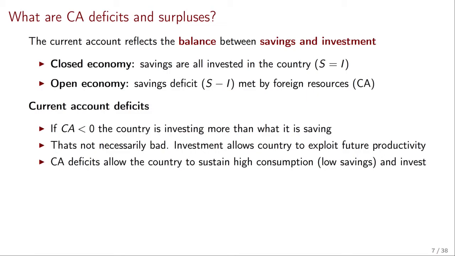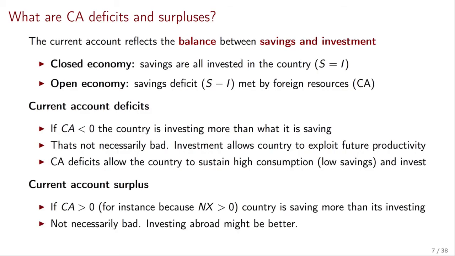And that's not necessarily a bad thing. Investment will allow the country to exploit future productivity and grow more. So in principle, we might want countries to be able to invest beyond what they can save. That's what it's allowing. It allows the country to sustain relatively high consumption, low savings, and still invest.